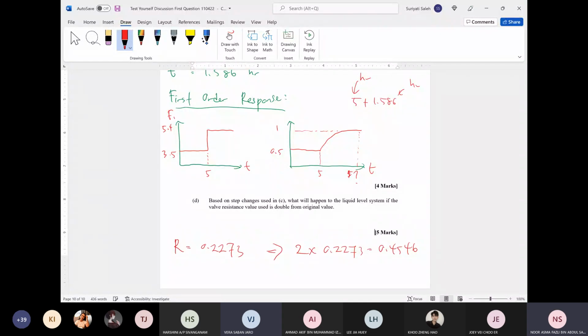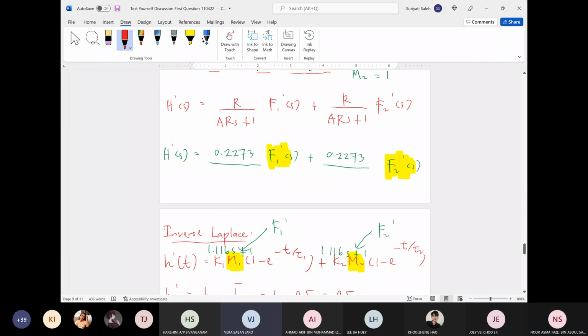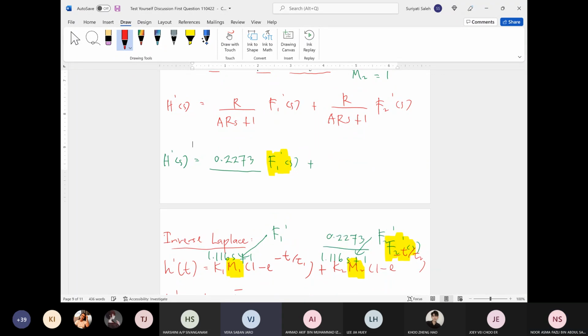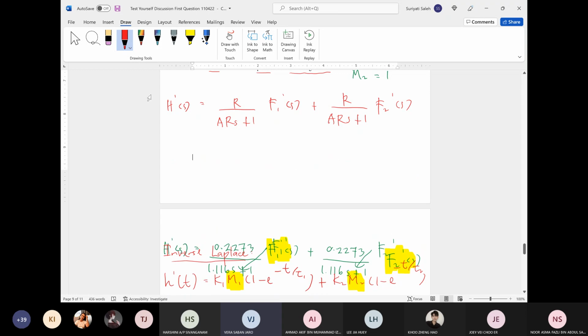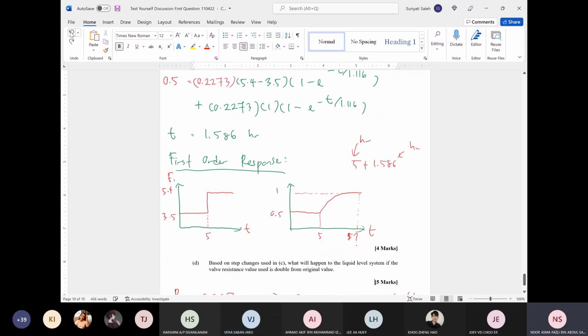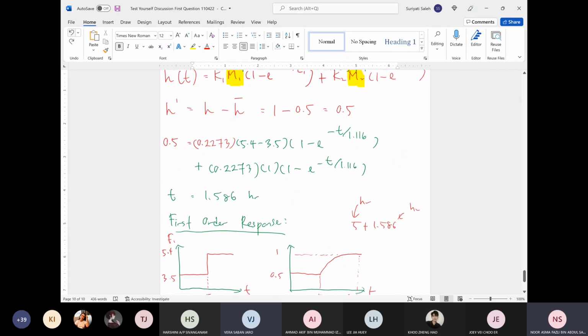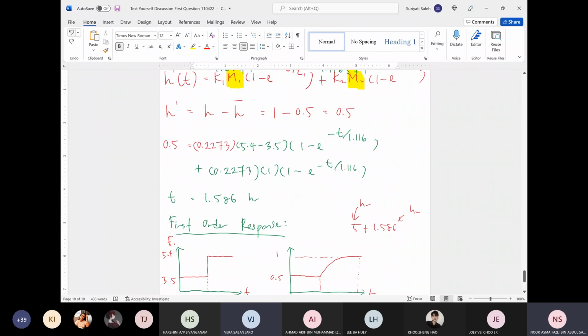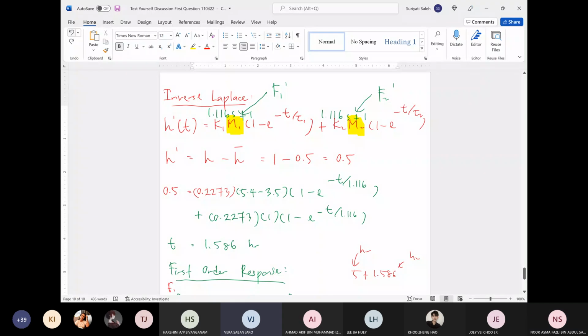So in this case, if we take a look, this is your equation. We have 0.2273. So it will affect your K and the tau. Let's say for example, we take this equation.